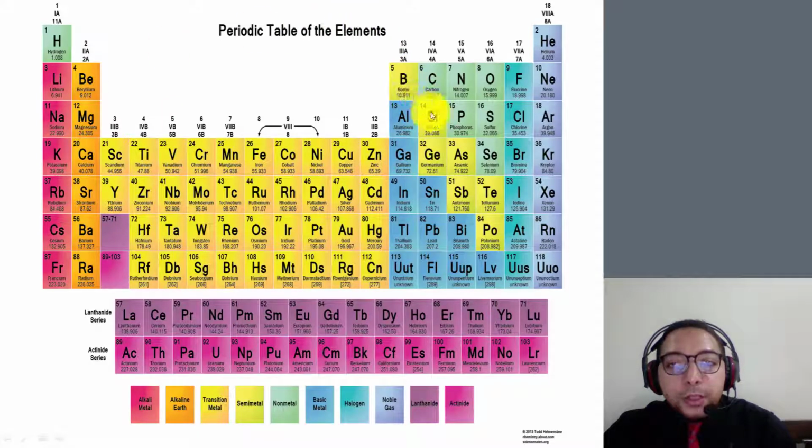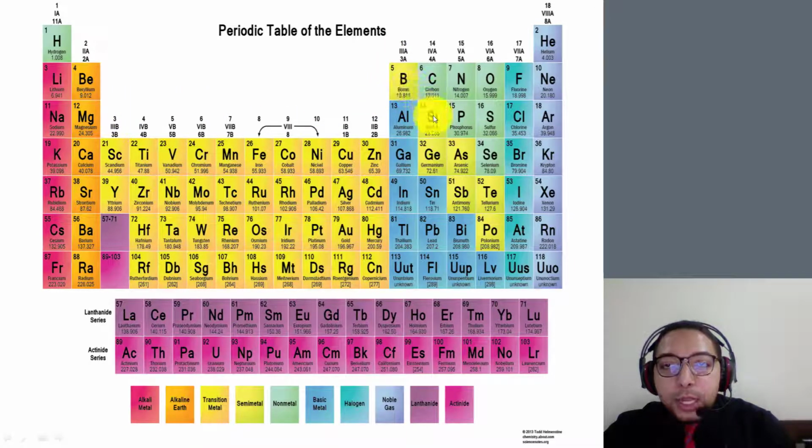Over here we have semi-metals, elements that share some properties of the metals and some properties of the non-metals. The blue color represents basic metals. The majority of the periodic table elements are metals.